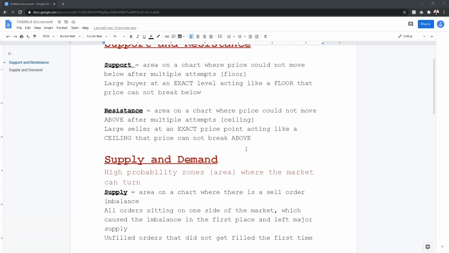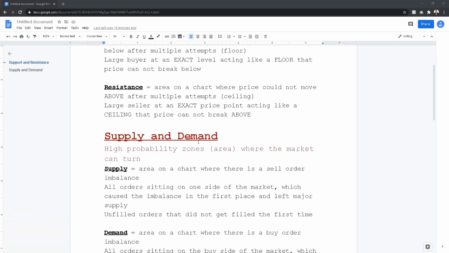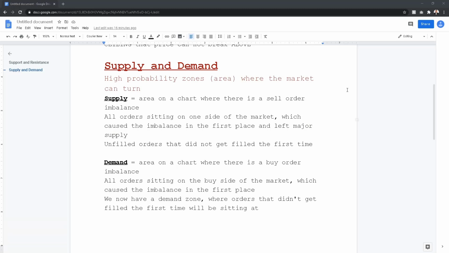So you just have to put yourself in retail traders' position, look who's trapped, look who's hurting, and understand that supply and demand is what moves price in basically any market. They're just high probability zones and areas where the market could turn with very little risk. It's my favorite trading strategy, and this is how I trade on a daily basis with any stock and with any future.